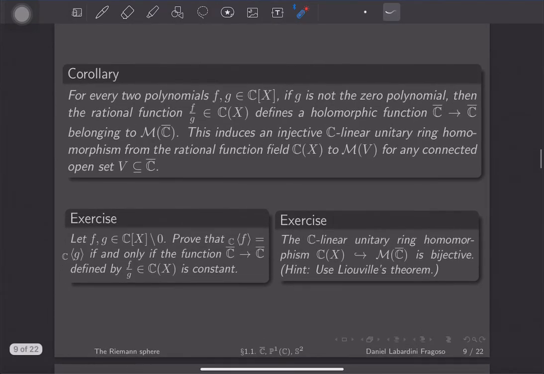And this is one way of embedding the rational function field, where x is just an indeterminate. I mean, x would formally not be a complex number, it would just be an indeterminate, into the field of meromorphic functions defined on any open subset of C bar.